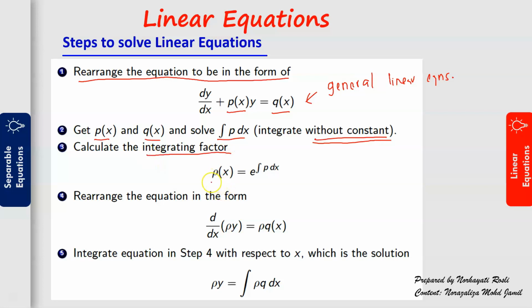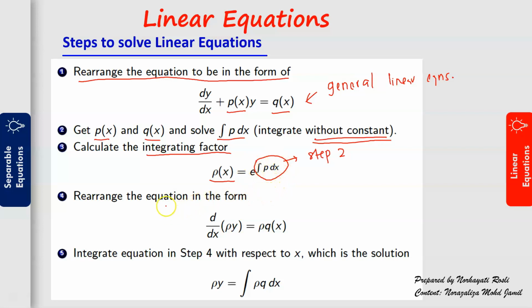The integrating factor is given by rho(x), which is equal to the exponential of the integration of P dx. This part actually comes from step number 2. Once you have the answer in step number 2, you can find the integrating factor by substituting the integration of P dx in this formula.